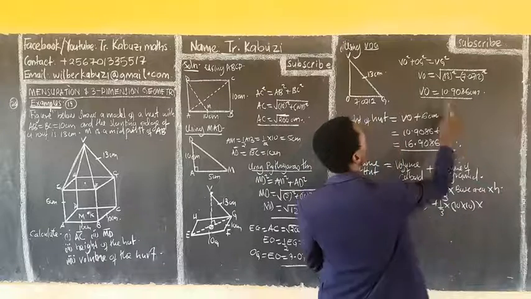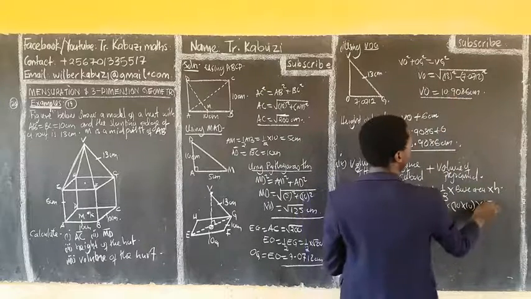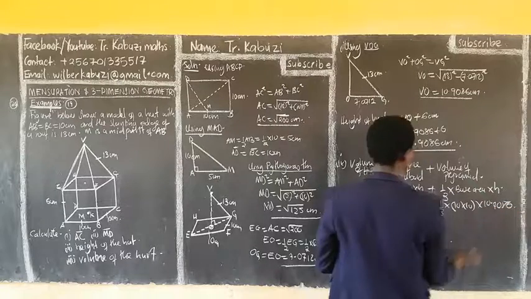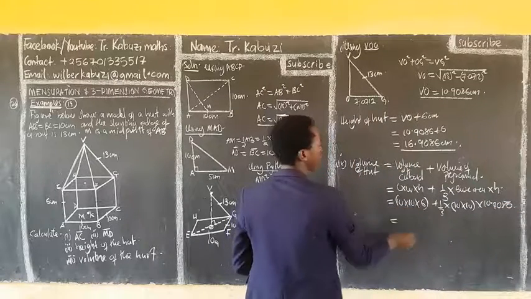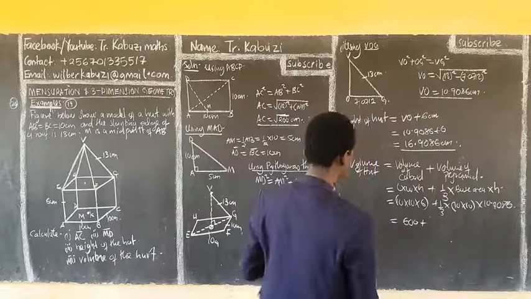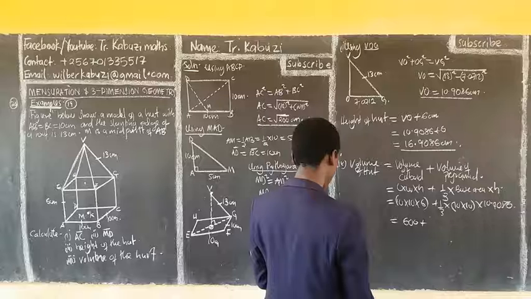We got our height as 10.9086. So, this one is going to give us 600. Then plus, what do we get there?